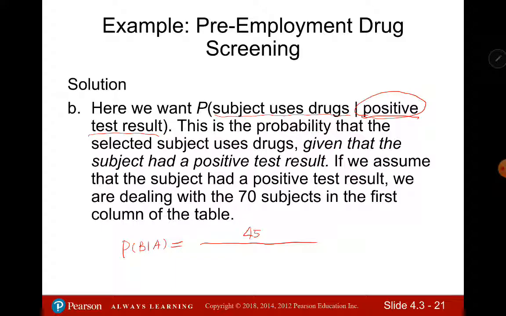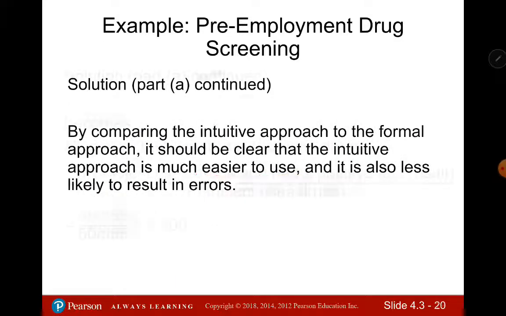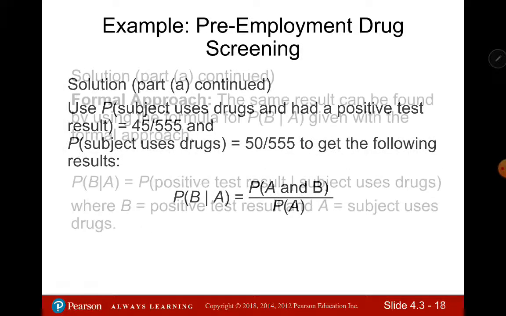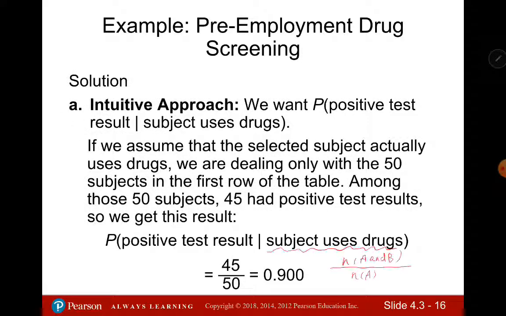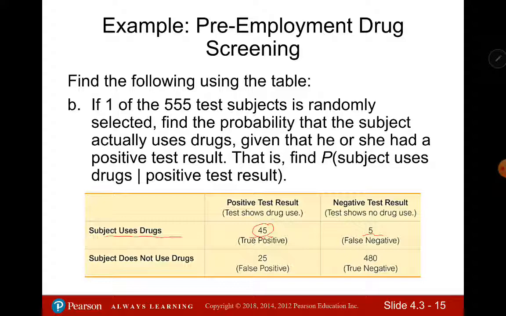From the table, we can know how many people got positive result. Positive result will be this column. So it's 45 plus 25, we'll get 70, right?